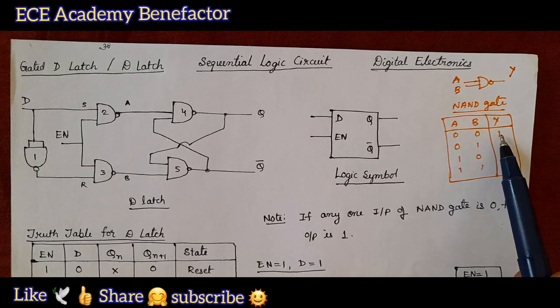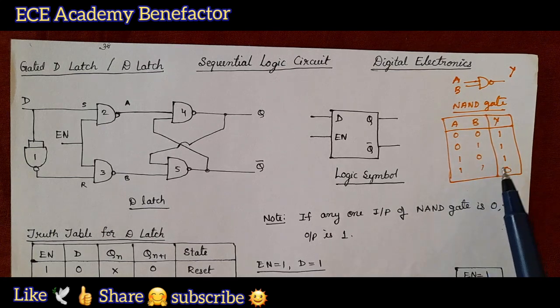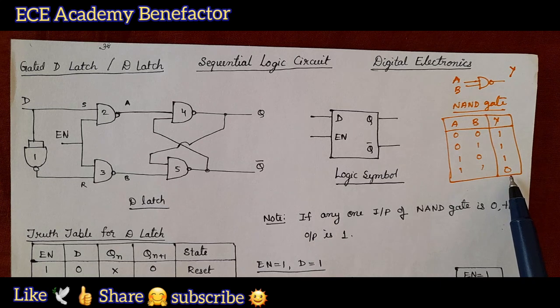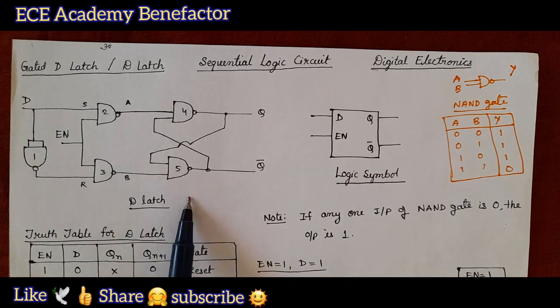So, for 0 0 it is 1, 0 1 is 1, 1 0 is 1, 1 1 is 0. When all the inputs are high, the output is going to be 0. This is the truth table of NAND gate. If you remember this, it will be easy for you to understand the working of the D latch.